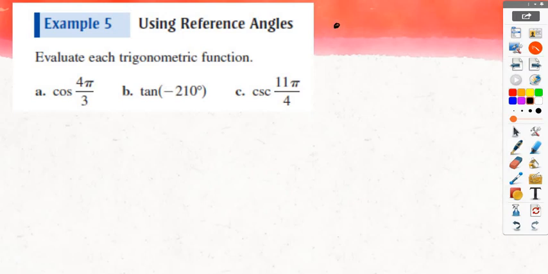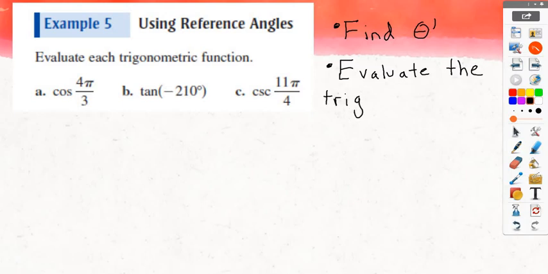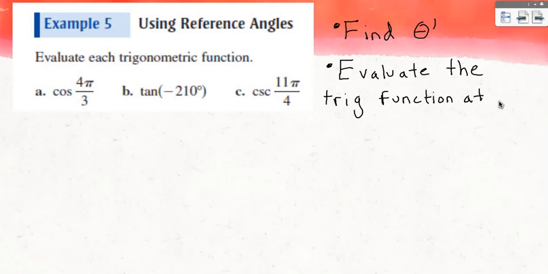So the first step is just going to be to find theta prime. Remember, theta prime stands for our reference angle. Our next step is going to be to evaluate the trig function, whatever it may be, at theta prime.